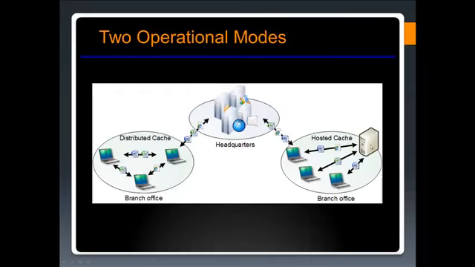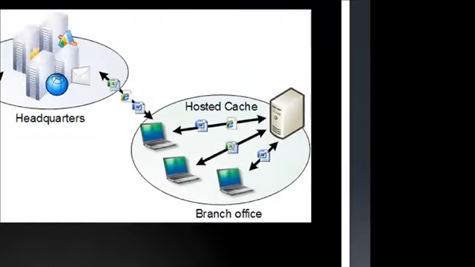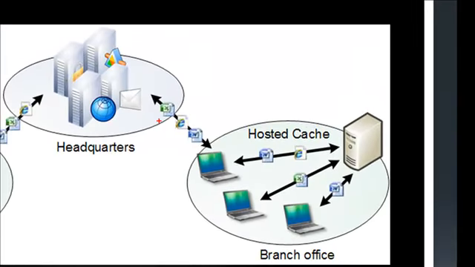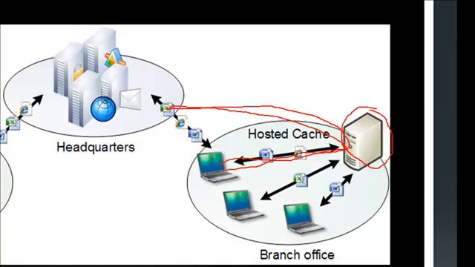Now the hosted cache, I understand even less than a distributed cache. Because with the hosted cache, you've got a Server 2008 machine here, and you set it up so that when downloads are taken from here, they actually come to you, you go get the download, and then you cache it here and hand it out.